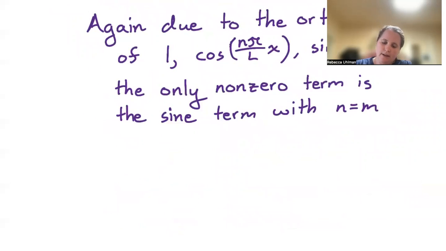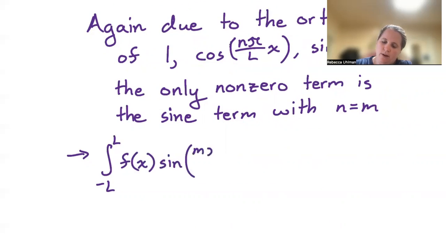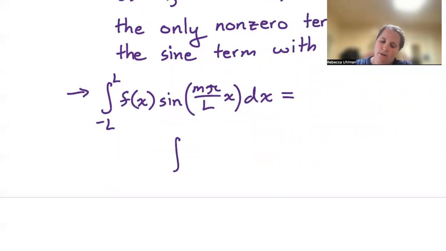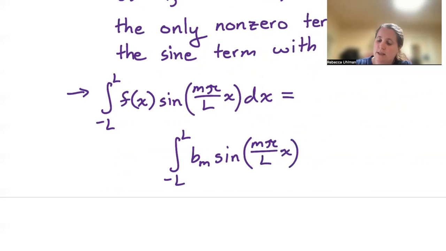So once again, we wind up with a definite integral from negative L to L, f of x times sine of m pi over L x dx is equal to the definite integral from negative L to L of b sub n times sine of m pi over L x times sine of m pi over L x, otherwise sine squared of m pi over L x dx.